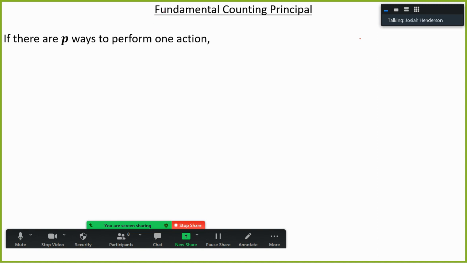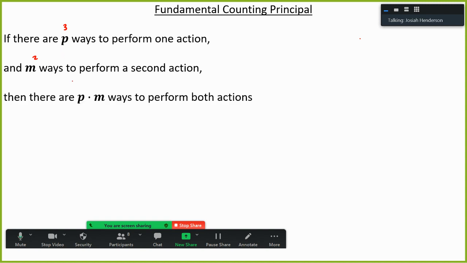Write this down. Fundamental counting principle. If there are P number of ways to perform one action, and if there's M number of ways to perform the second action, so this is like our 3 and our 2, 3 choices to pick a person, 2 choices to pick a food.